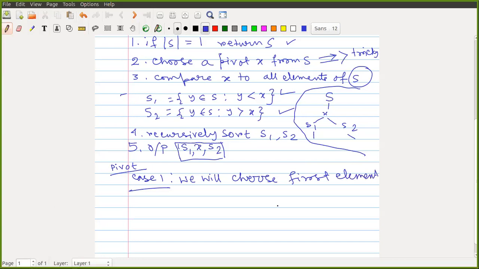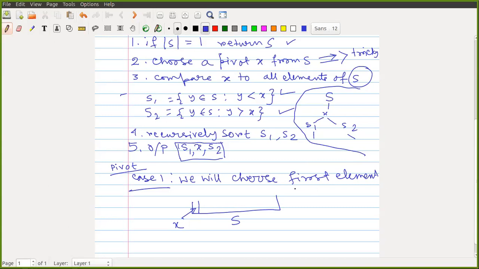Given any list S, these are the elements, and we are always choosing the first element as the pivot. Based on this value of the pivot, we divide S into S1 and S2 and then recursively do it.